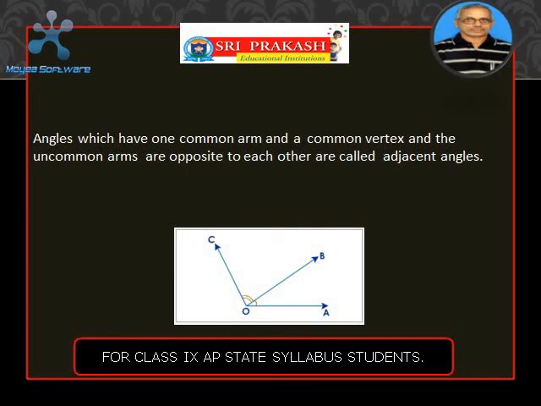So angle A plus angle B is equal to 180 degrees. When two angles form a linear pair, the sum of those two angles will be 180 degrees. So here angle A plus angle B is 180 degrees.